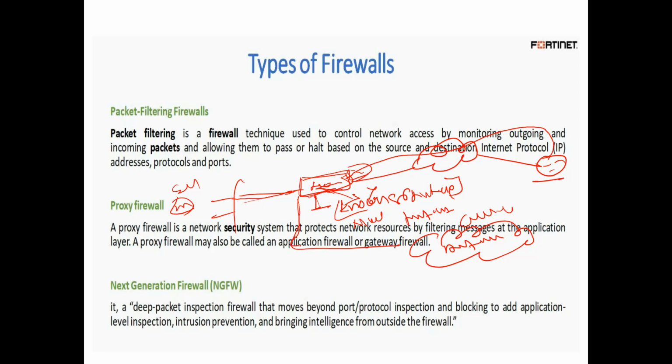Once the firewall suspects this, it will send one copy to that sandbox team, and the sandbox team will create an antivirus against that threat and send it to every Fortigate firewall available in the world. In the meantime, you can't stop this.